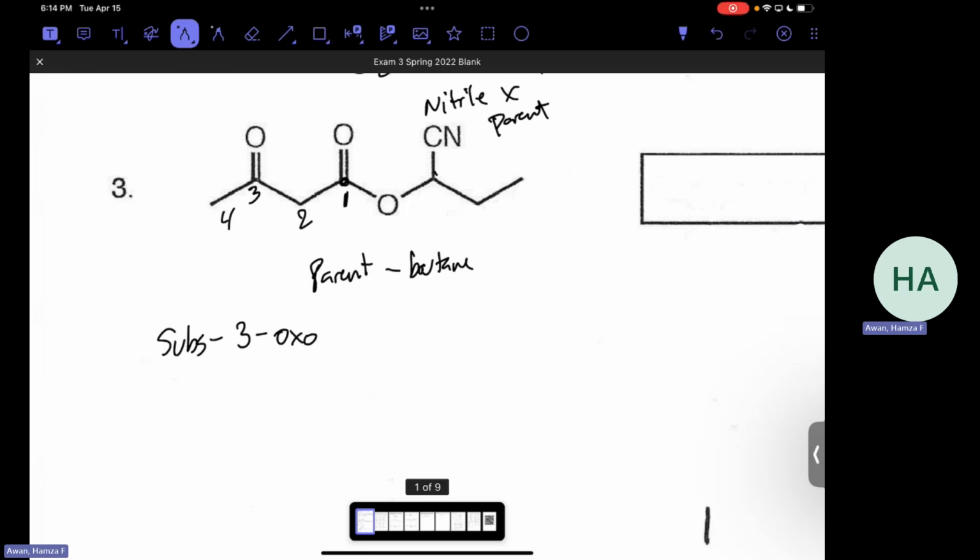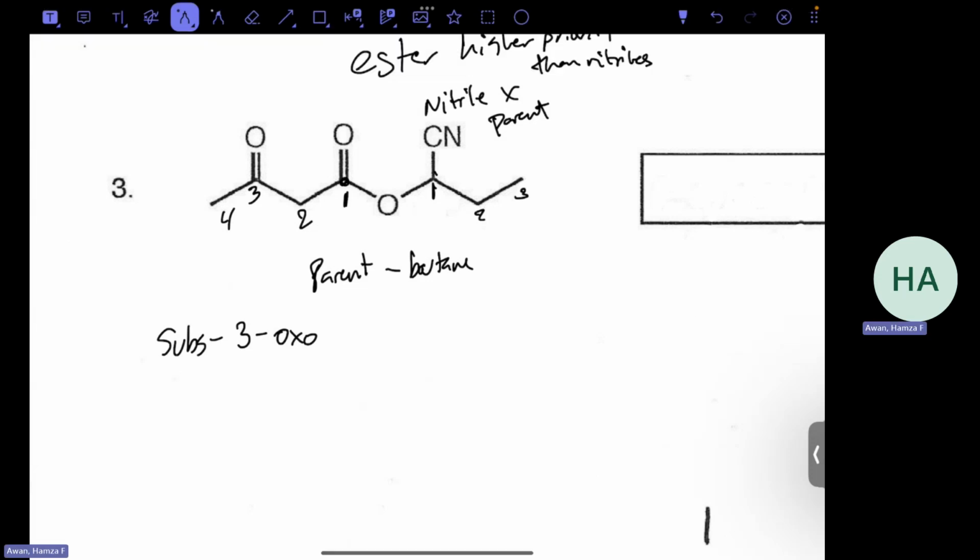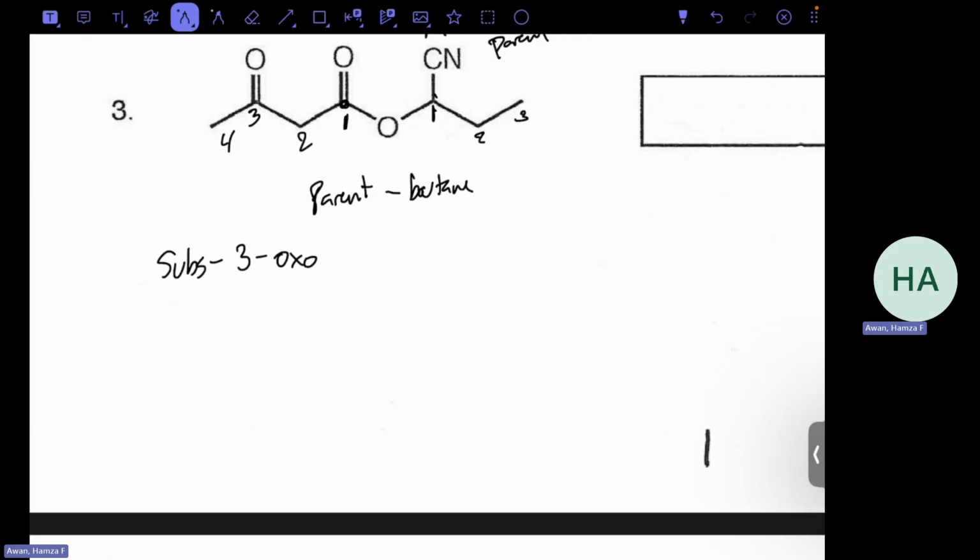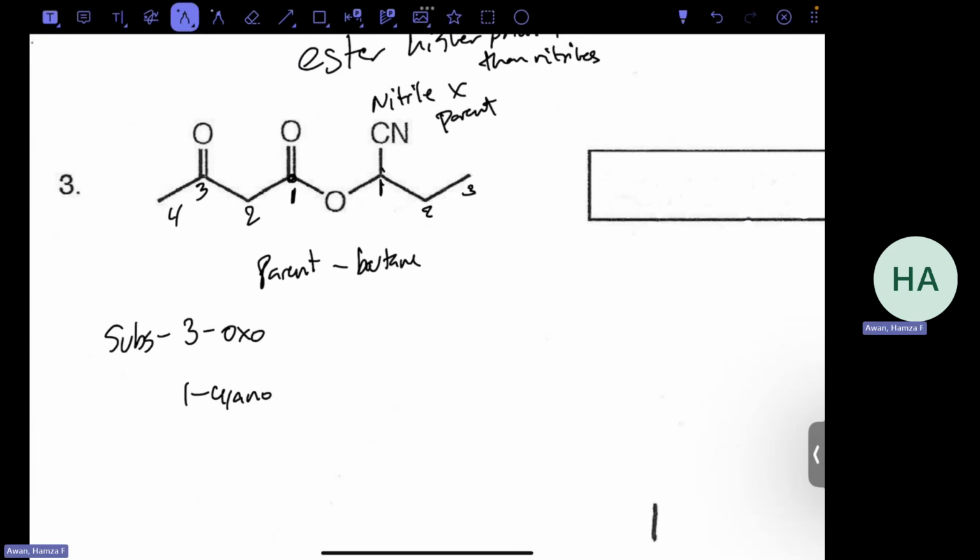But on the other side, on carbon 1, we have a nitrile group. Whenever we have a nitrile group as a substituent, we're going to call it a cyano group. So another substituent that we have is 1-cyano, right? And now we don't have any stereochemistry.